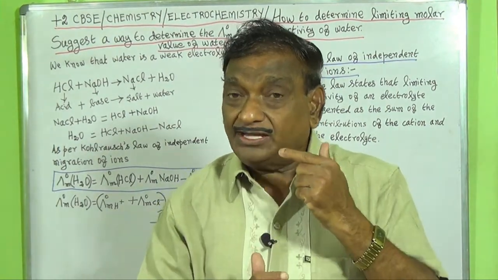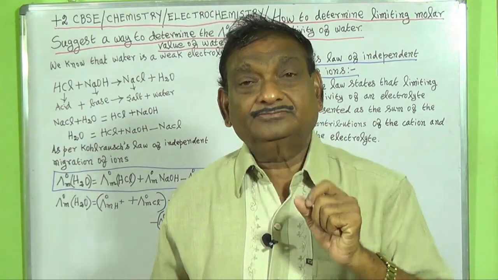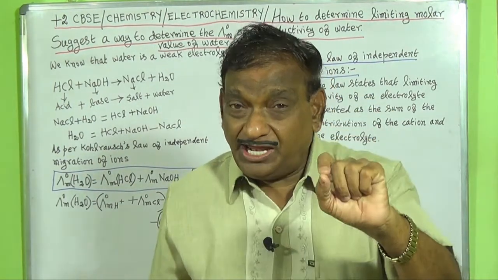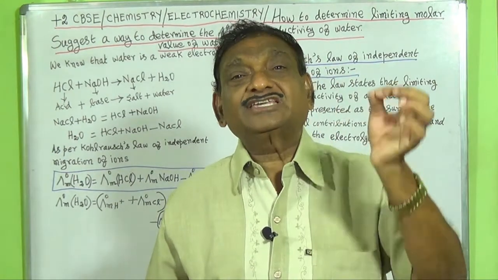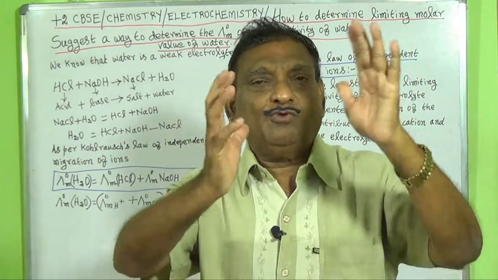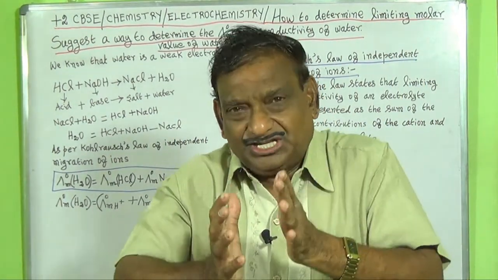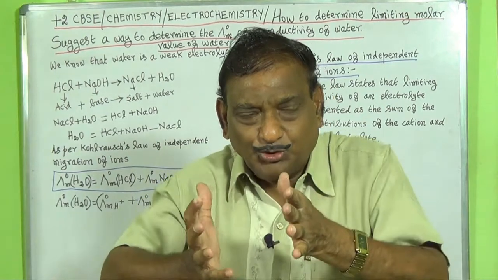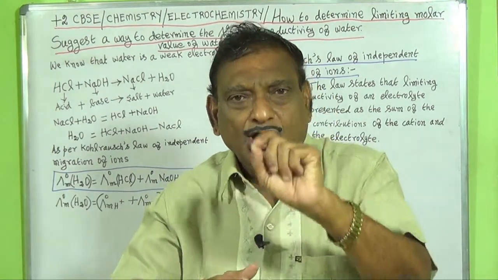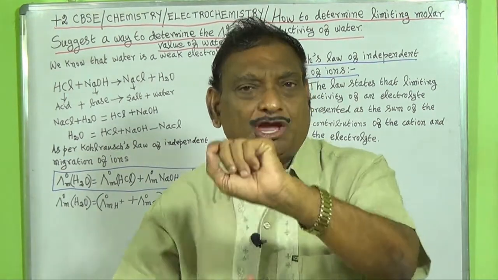We know that water is a weak electrolyte. What is an electrolyte? An electrolyte is a substance that, when dissolved in water, dissociates into its constituent ions, that is, cations and anions.